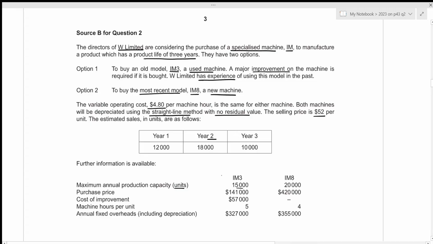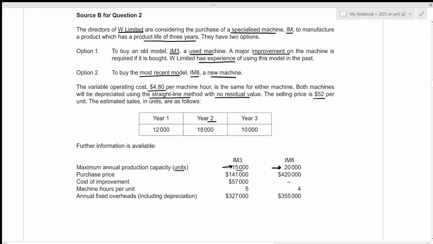But since this machine can only produce 15,000 maximum units, if we are calculating for the machine IM3, then for year 2, while calculating our variable operating cost as well as calculating the revenue, we need to include the units as 15,000 and not 18,000 because the machine itself will not be able to produce the 18,000 units. But for IM8, we can see that the maximum annual production capacity is 20,000, which means that for the year 2 estimated sales of 18,000 units, it can easily be produced by IM8.